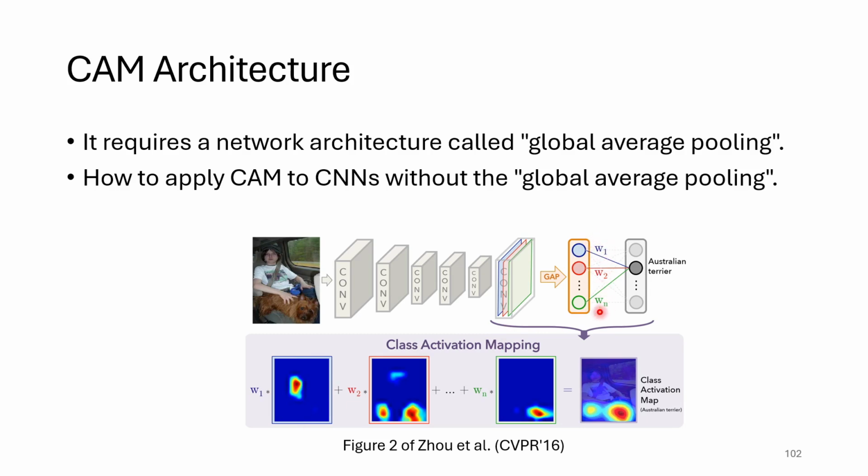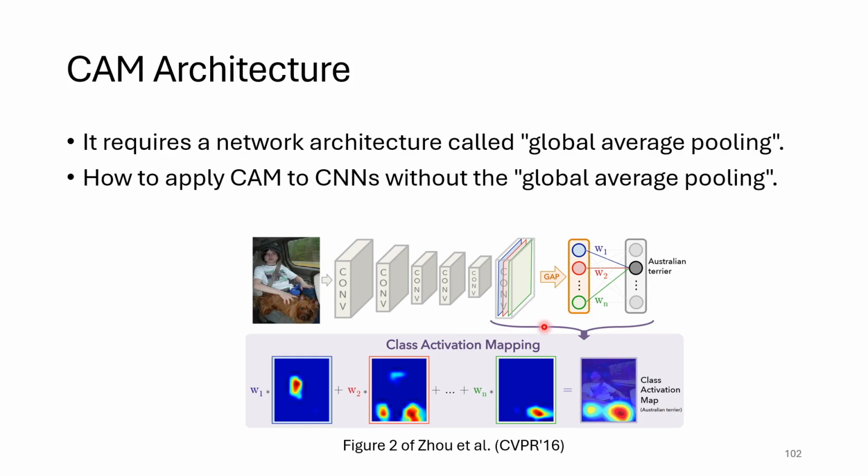This is the weight. The weight is the parameters you train in the overall network. It means the network knows how important the average of this layer will be. So if you use this weight and simply multiply it on each map, then you generate the class activation map. So this is quite a simple and straightforward approach to generate the map like this.